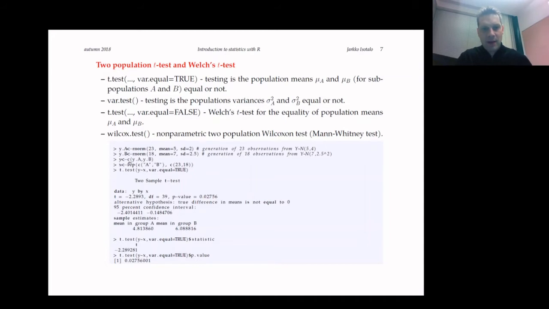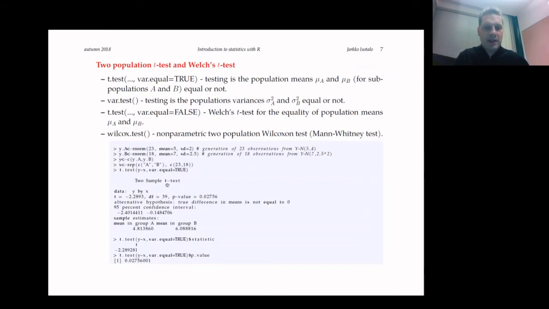So these values are like realizations from two different populations, A and B, and if I put them together by using the c function, then we have this y vector, and then we can use an x vector to denote which population these values are coming from, and we can use the rep function to do that.